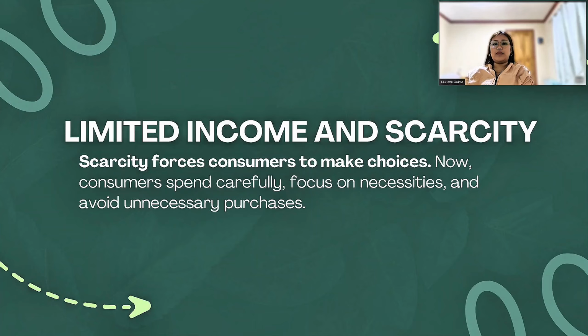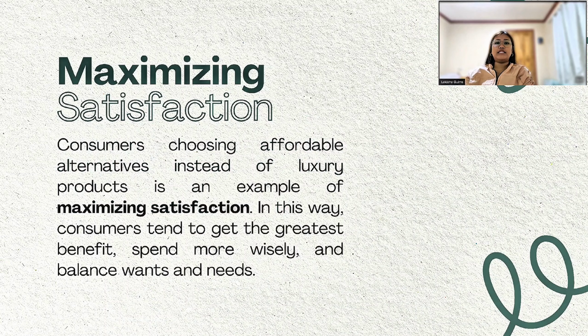This introduces the concept of utility maximization. Consumers aim to gain the highest satisfaction possible from limited income. For example, instead of buying luxury coffee daily, some consumers may brew coffee at home, buy cheaper brands, or reduce unnecessary expenses. These are examples of rational economic decisions.